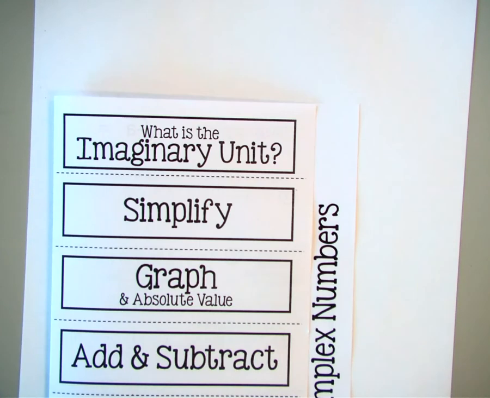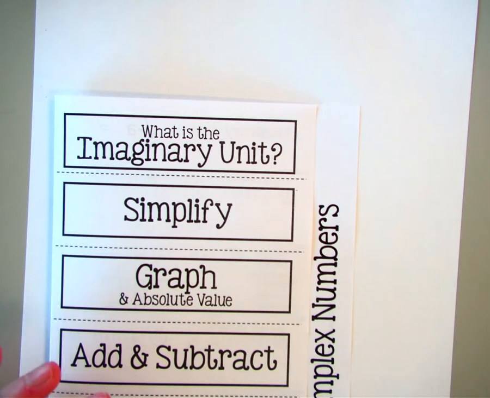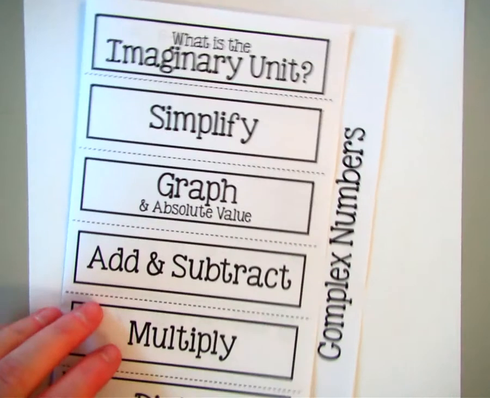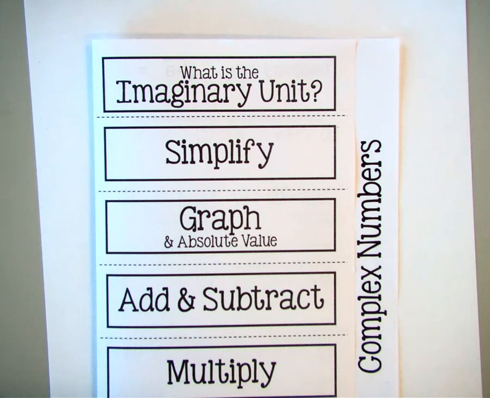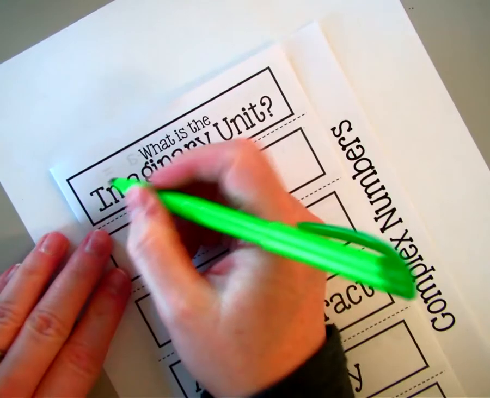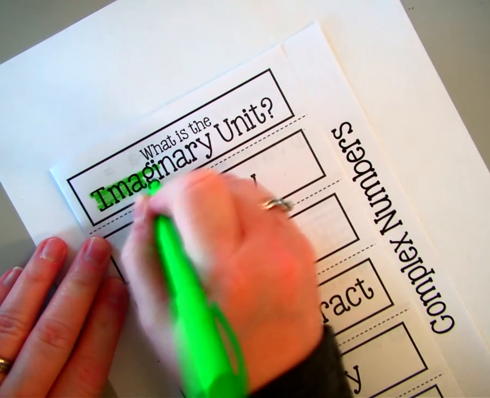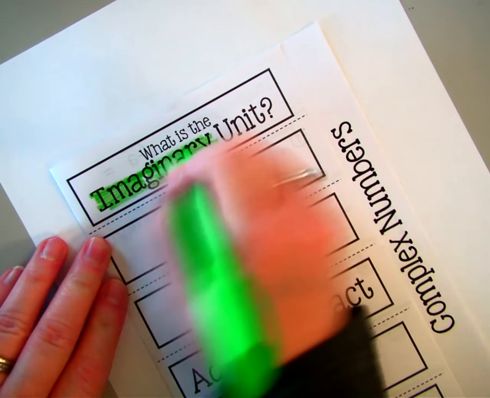All right, talking complex numbers today. So complex numbers, what happens with those is we get the introduction of what we call the imaginary number.